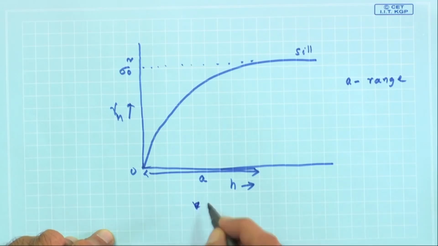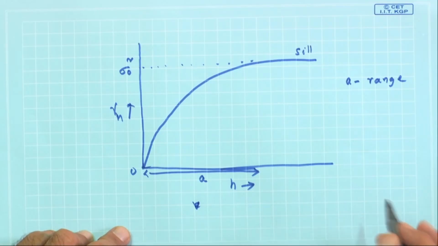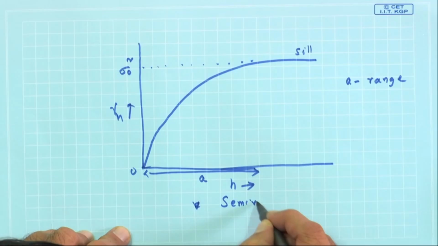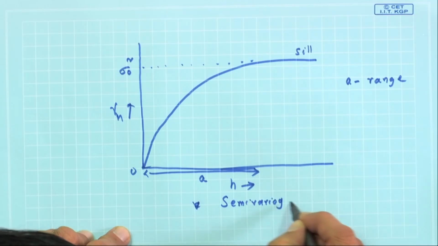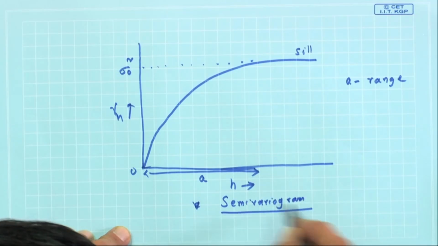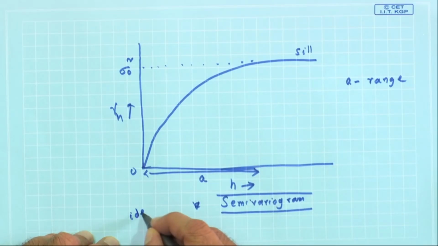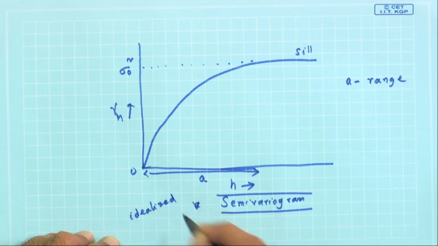Different books will use different terminologies, so let us call it a semi-variogram. This is essentially an idealized semi-variogram.